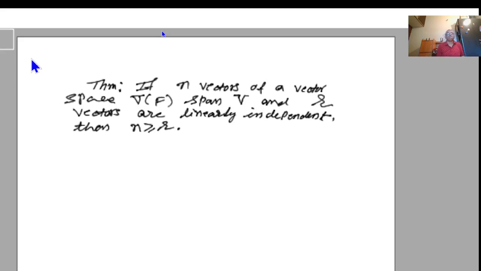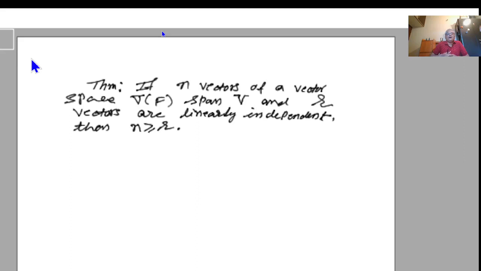Okay. So V is a vector space over the field F and n vectors are there which span the vector space V. Which span means every vector of V can be expressed as the linear combination of these n vectors. And if we have R vectors that are linearly independent, then we have to prove that n is greater than or equal to R. So suppose we have two sets.